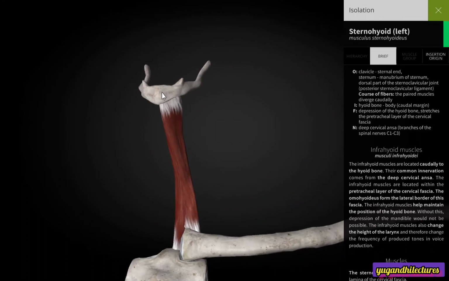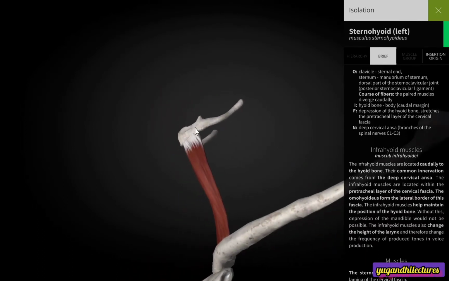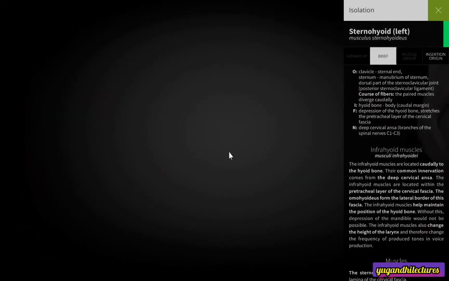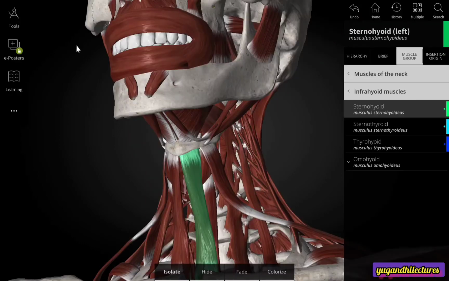So in the body, at the middle portion and that too on the lower border, it gets inserted. You can see how it is inserted. Here you can see the lesser cornua and the greater cornua, and here you can see the insertion of the sternohyoid muscle.